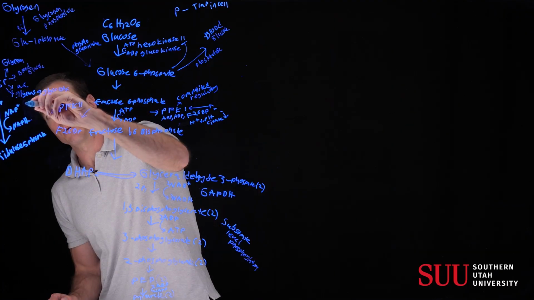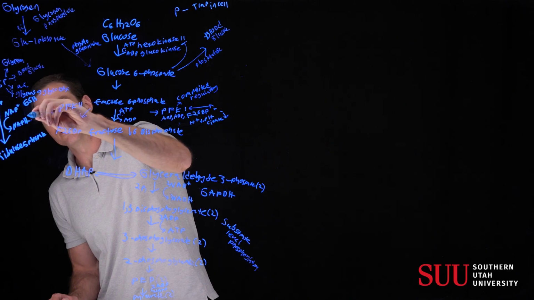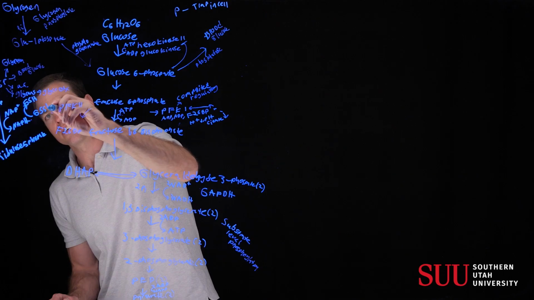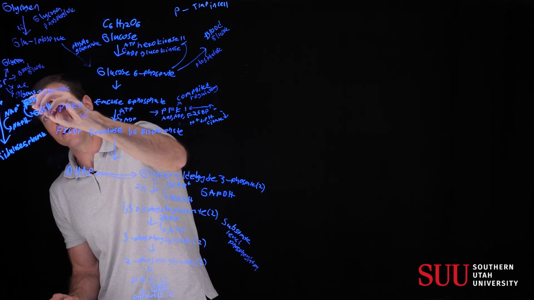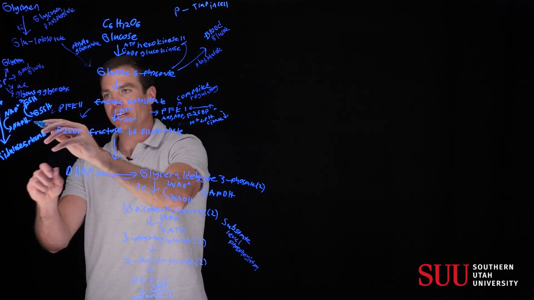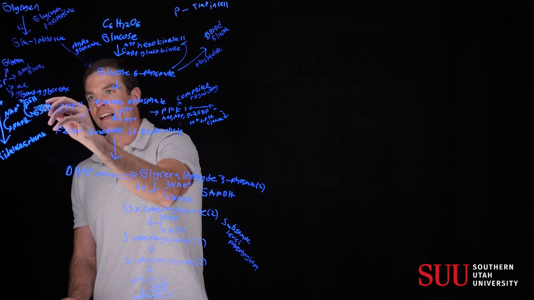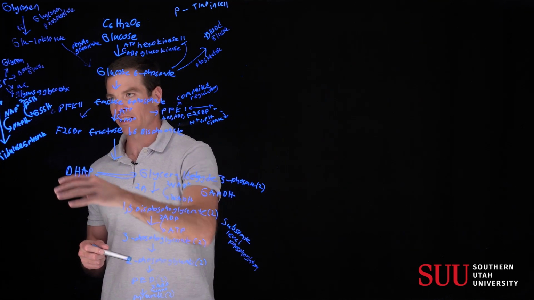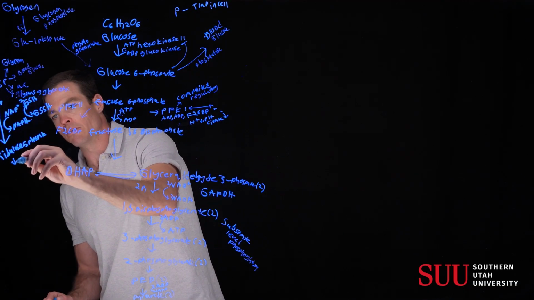So you have your oxidized glutathione here, and there'd actually be two of them on each one. Your NADPH can then reduce your oxidized glutathione to normal glutathione, and then that can go and continue doing its thing. But that's the pentose phosphate pathway.